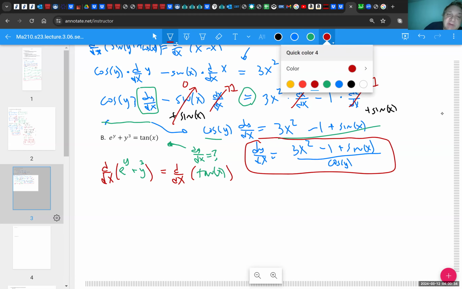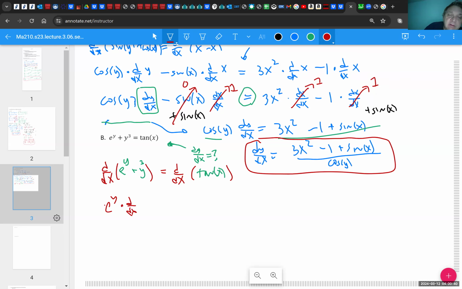The derivative of e to the y is e to the y times the derivative of y. The derivative of y cubed is 3y squared times the derivative of y. The derivative of tangent x is secant squared x times the derivative of x. Derivative, chain rule, derivative, chain rule, derivative. I'm just doing that every time.